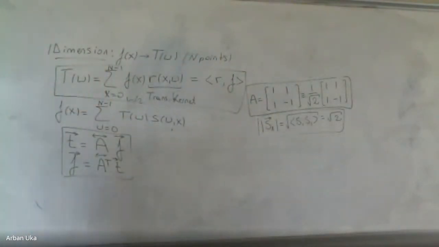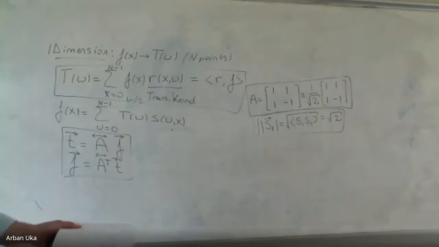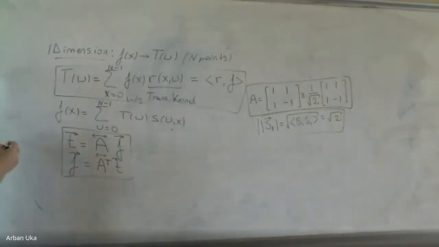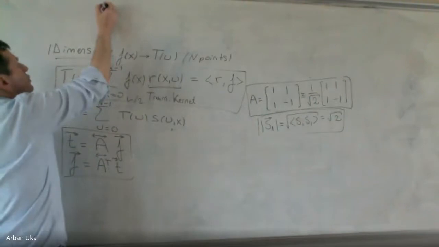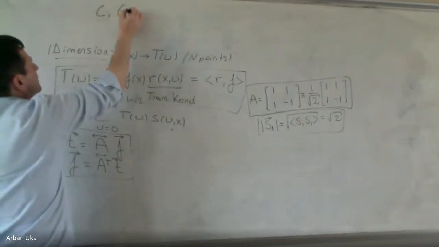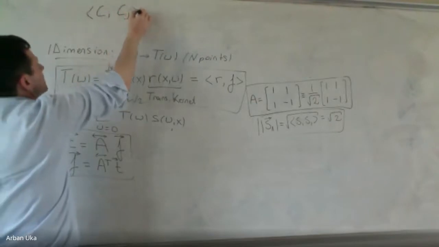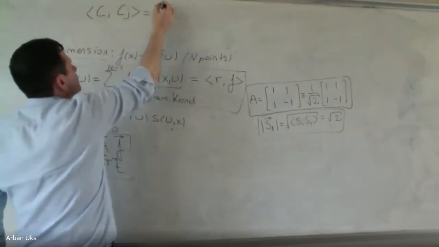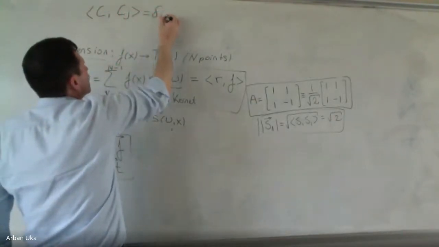The orthogonality of a specific matrix can also be represented like this. For any two columns, let me write this Ci and Cj, the inner product between Ci and Cj should be equal to the delta ij.